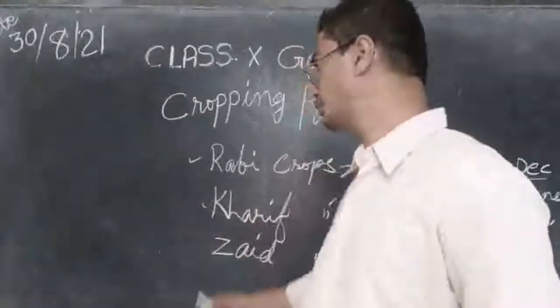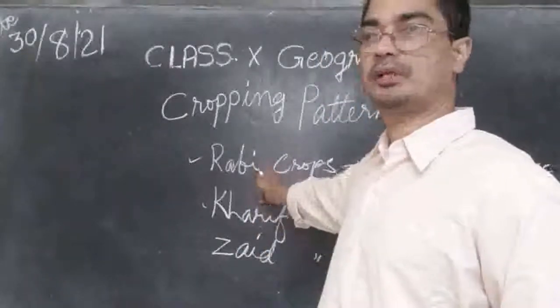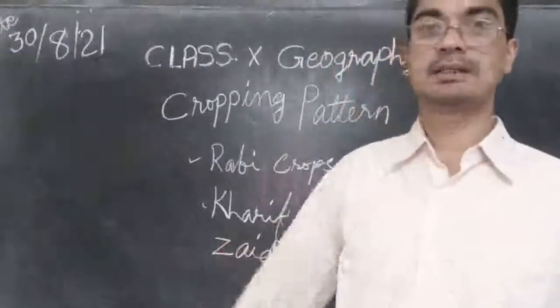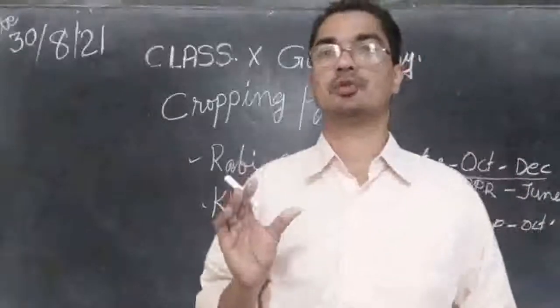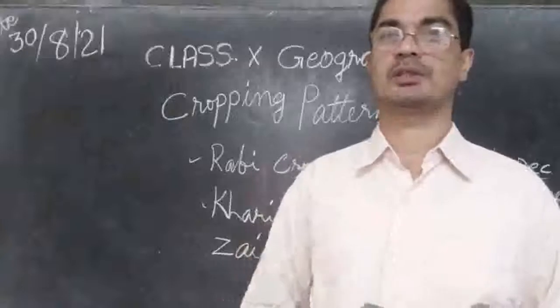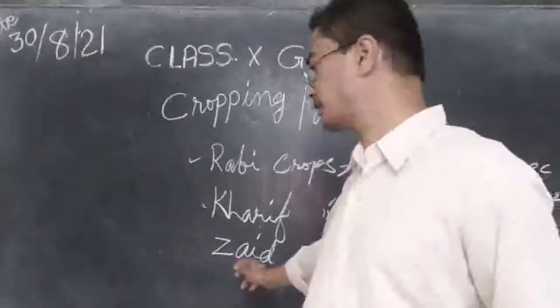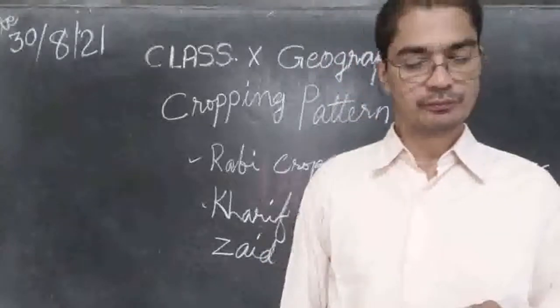Then we come to the third season, Zaid season. So we already saw these 2 major seasons, Rabi and Kharif. Rabi is done in winter and Kharif is done in summer. So between these 2 seasons there is a little gap, maybe of 1 month or 2 months, and at that time something is cultivated. That is called Zaid season.